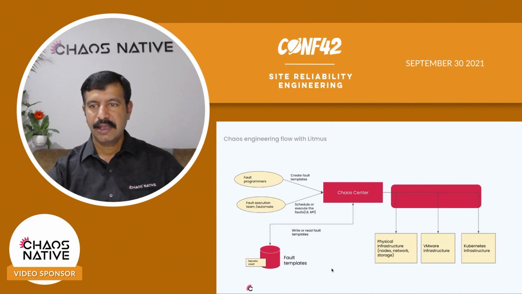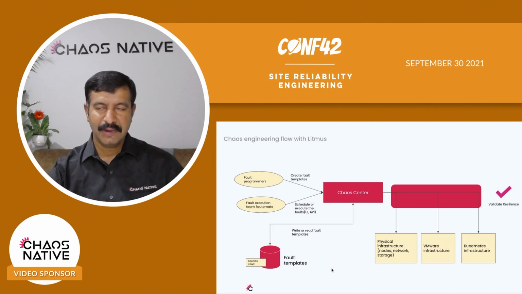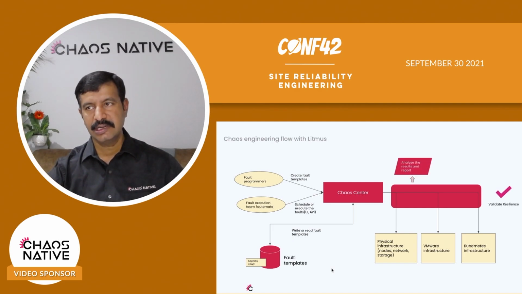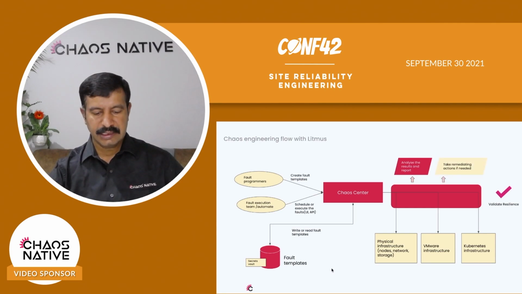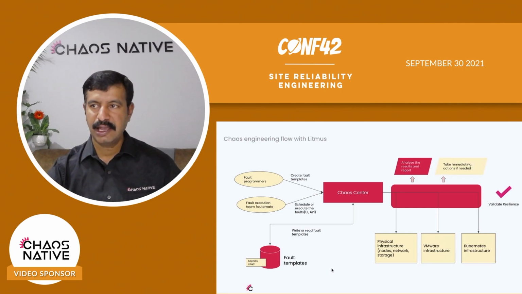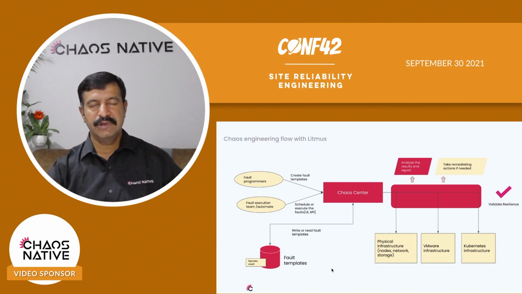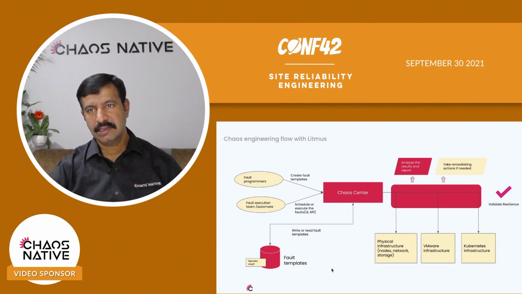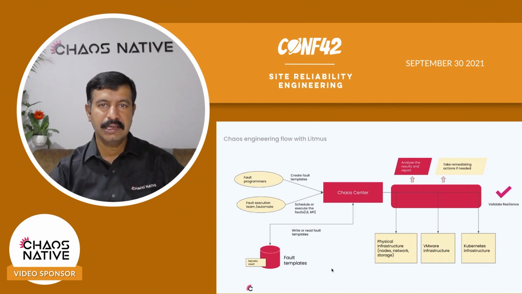So once you have the fault templates, you're going to schedule them against various resources, and you're going to validate resilience, and you're going to generate reports. And more importantly, Litmus also has additional advanced features like auto remediation. If the blast radius happens to be more, or your chaos is getting out of control, you can take remediate actions through Litmus also, right?